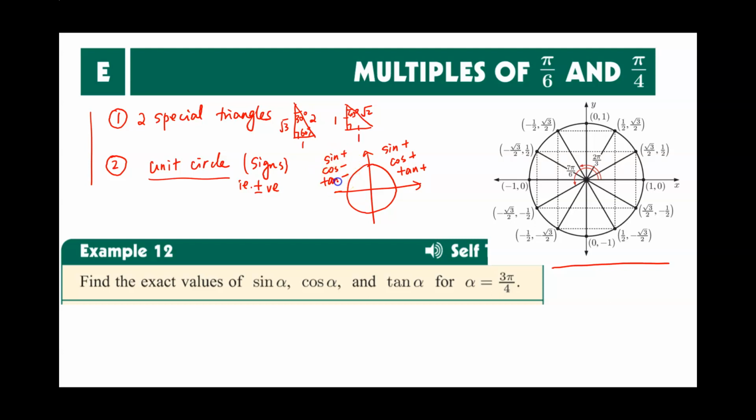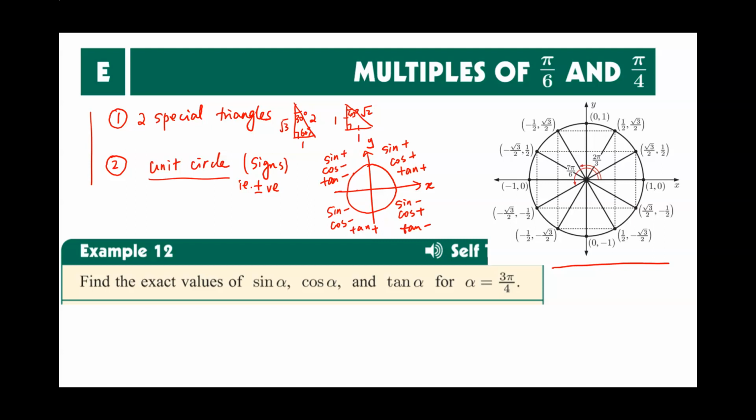In quadrant 3, sine negative, cos negative, tangent positive. Because again, when you have a coordinate here, you know that is positive sine and then negative cosine. Here would be sine negative, cos positive, tangent negative. If you remember these, you should be able to solve most of the problems.